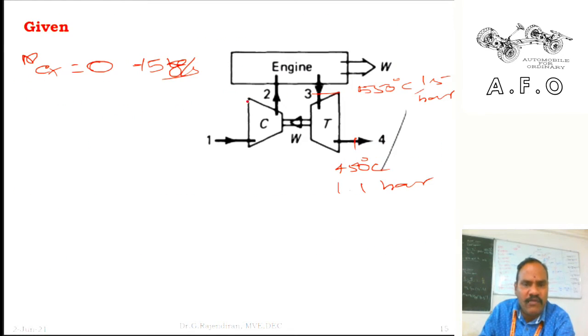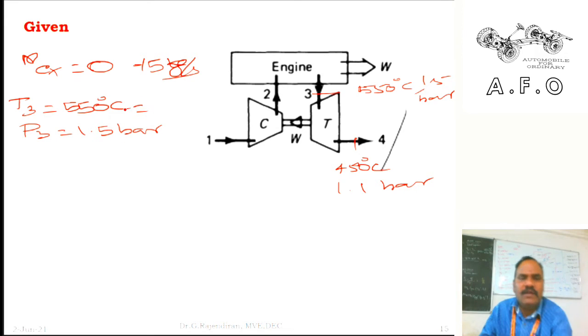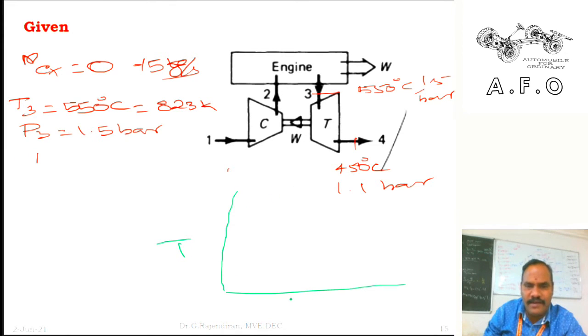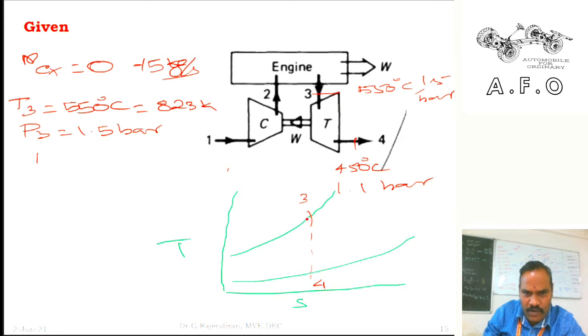So we have T3 is equal to 550 degrees centigrade, that is 823 Kelvin, and P3 is equal to 1.5 bar. For the exit condition, we have to draw the temperature entropy diagram. Here state point 3, here is 4, this one is 4 dash.